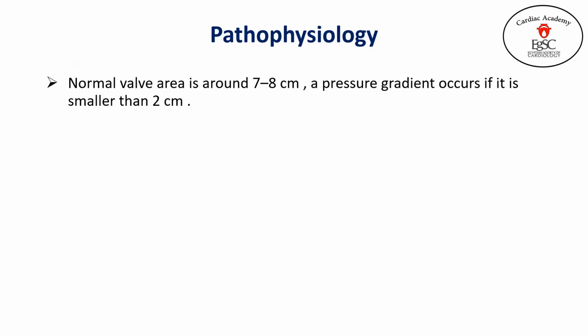The pathophysiology of tricuspid stenosis. The normal valve area is around 7 to 8 centimeters squared. A pressure gradient occurs if it is smaller than 2 centimeters squared.